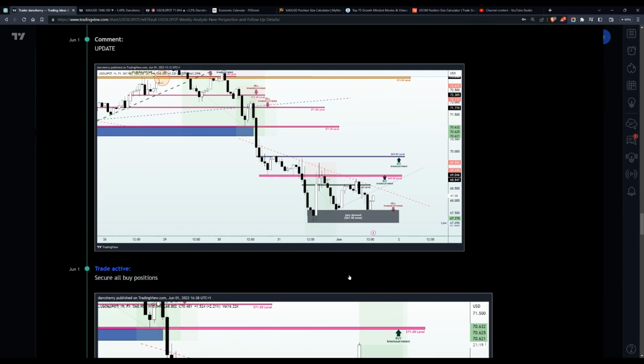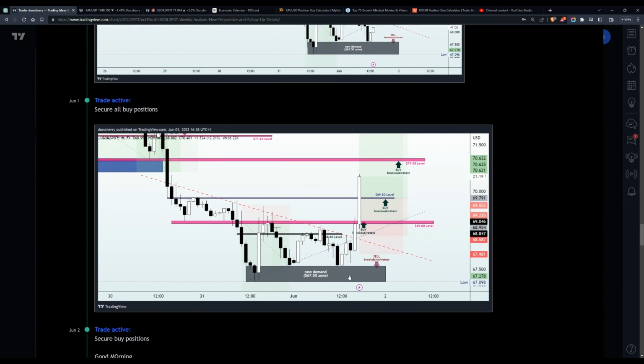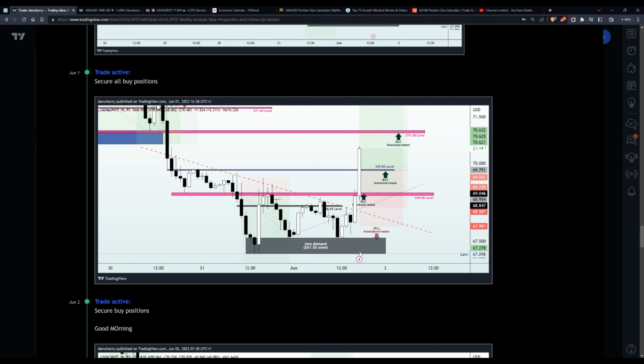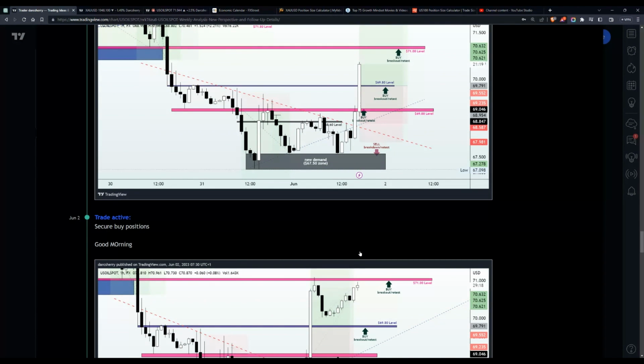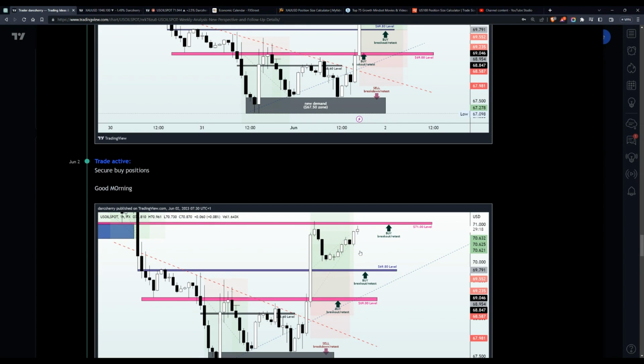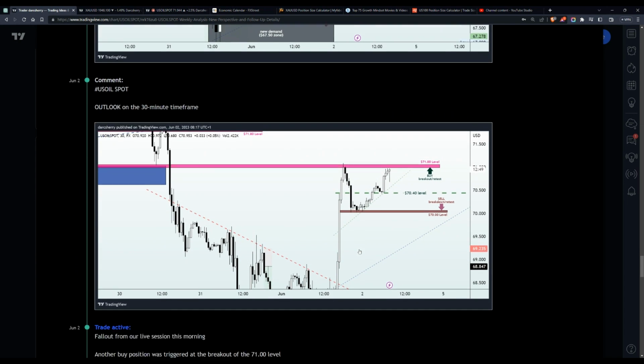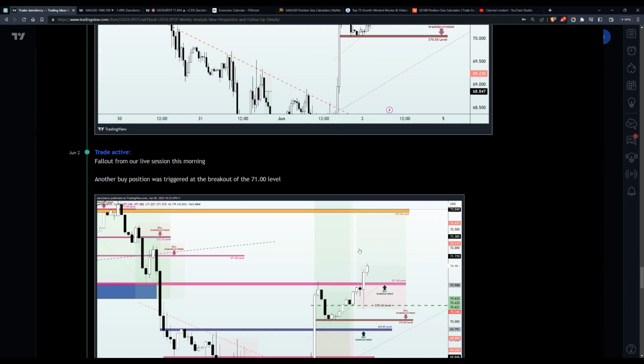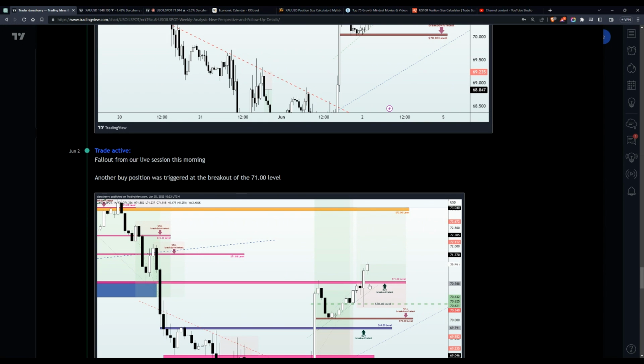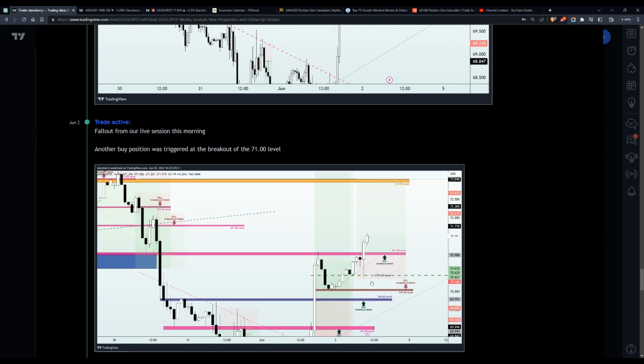And this went on for about 24 hours before we saw the breakout happen during the later part of the New York session. And we rode that move all the way into that $71 level, waiting for more opportunities, as you can see here. We also added one more position at the breakout of the 71.